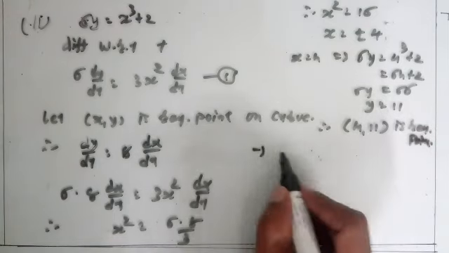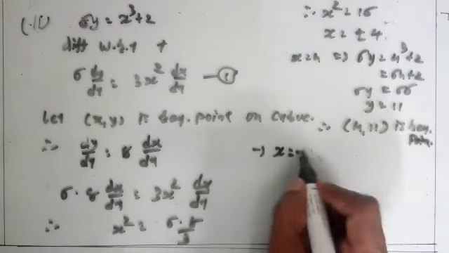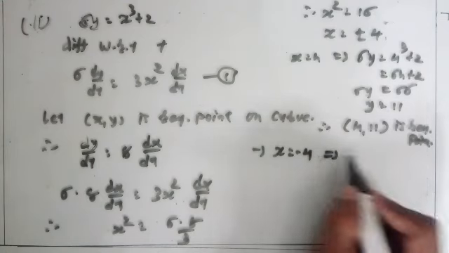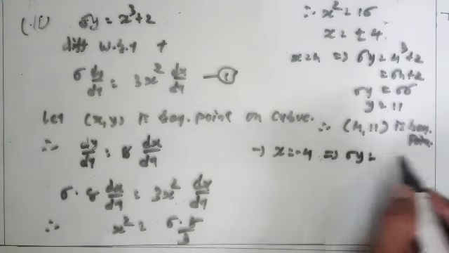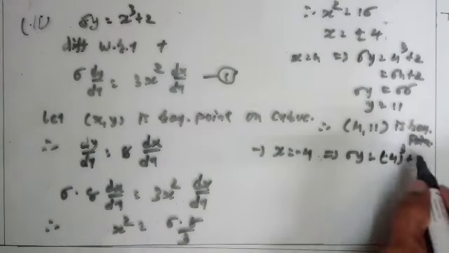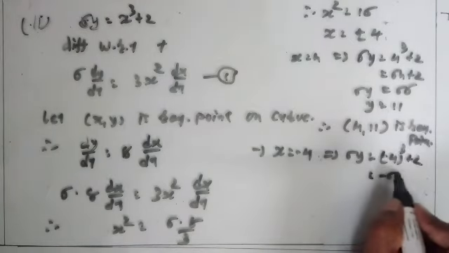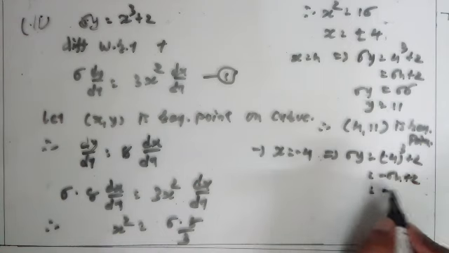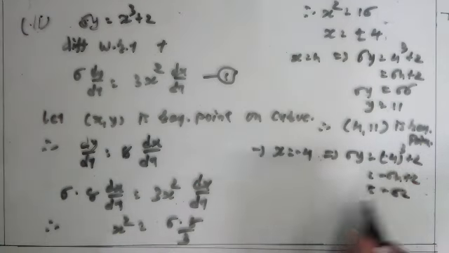Now the second point we get using x is equal to minus 4. So this implies 6y is equal to minus 4 raised to 3 plus 2, which is minus 64 plus 2, equal to minus 62. Clear?